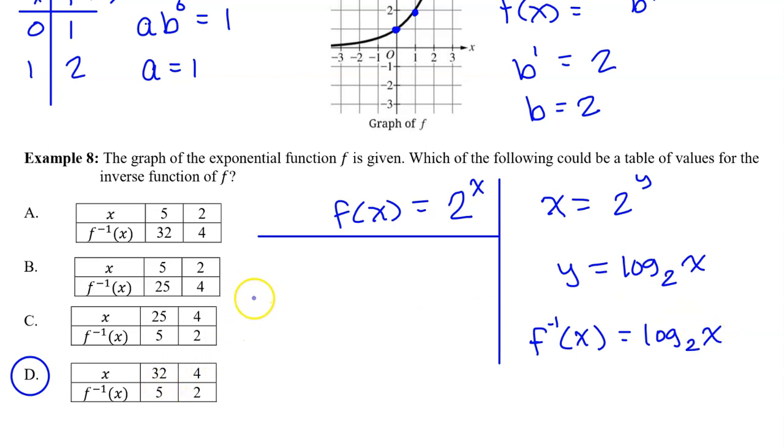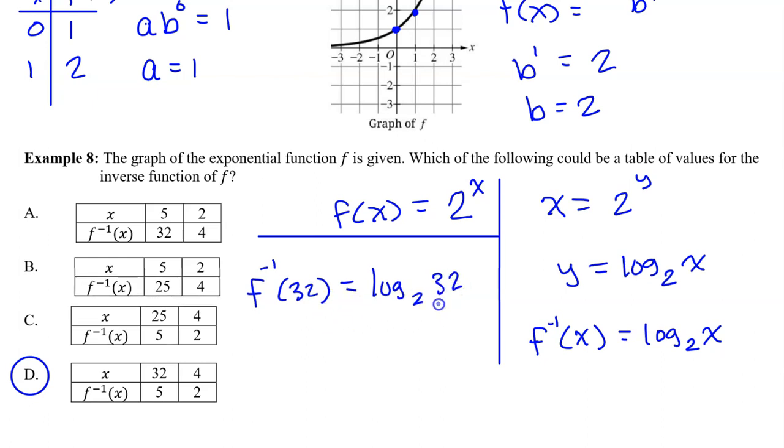That means if D is the answer, then f inverse at 32 better give me 5 for the final answer. So if I plug in 32 for x, then I have log base 2 of 32.